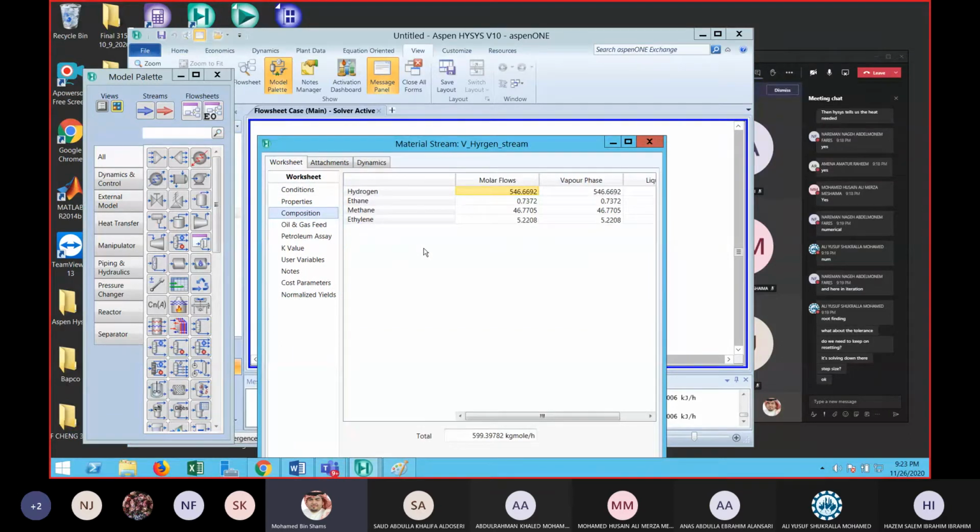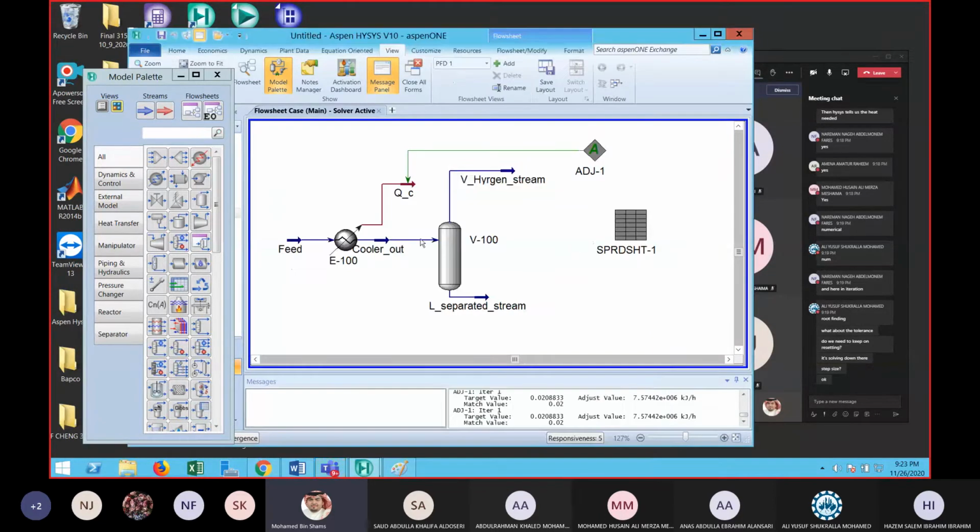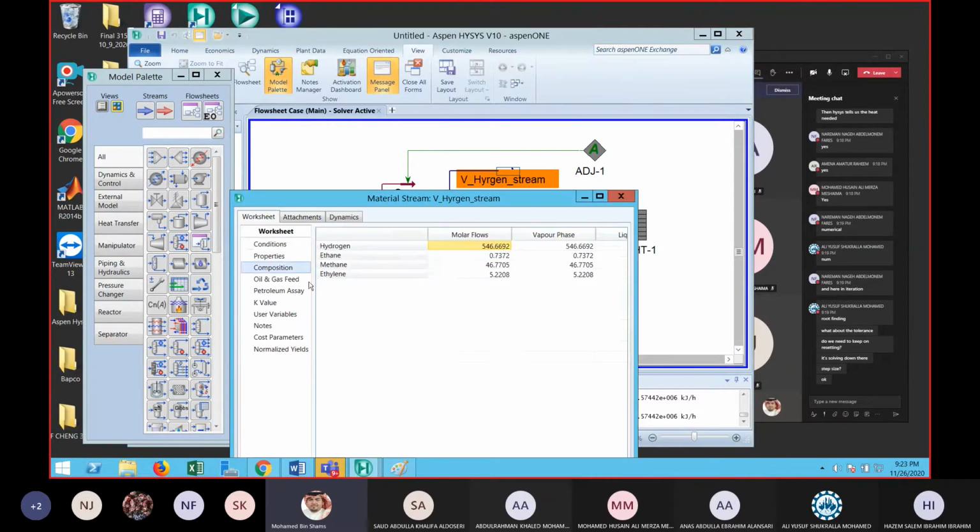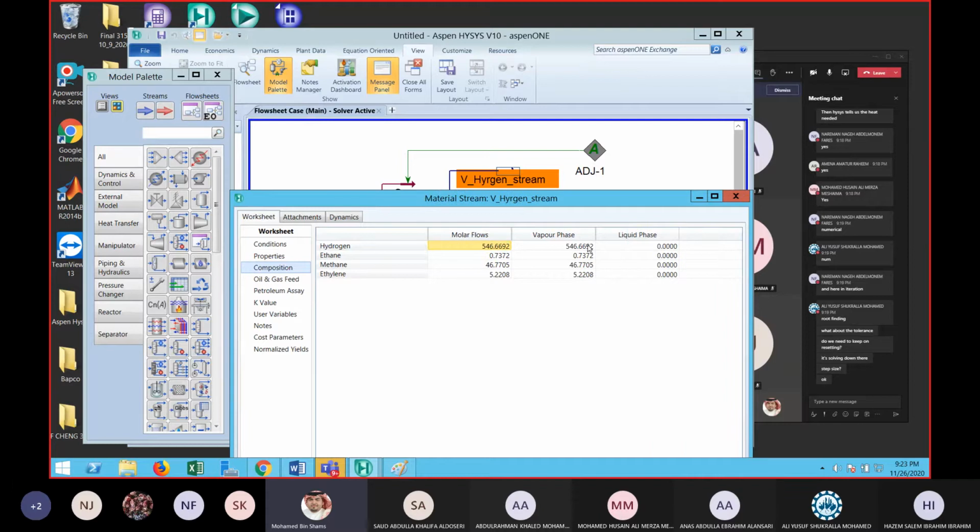Okay, and there is something wrong here. That's 400. That's 599. But when you look at the composition, what? Something crazy is going on here.